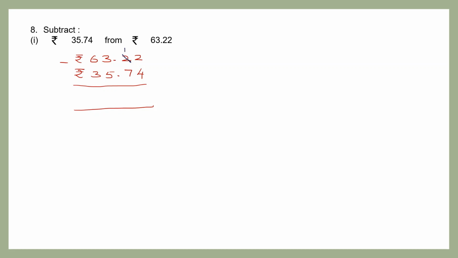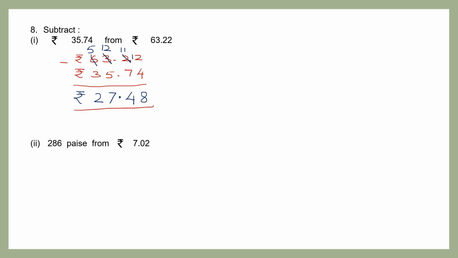So it's 1 and 12. 12 minus 4 is 8. 1 minus 7 I cannot do. I'm going to borrow. 11. 11 minus 7 is 4. Don't forget to put the point. 3 minus 5 I cannot do. I'm going to borrow. 12 minus 5 is 7. 5 minus 3 is 2 rupees. So 27.48 rupees.